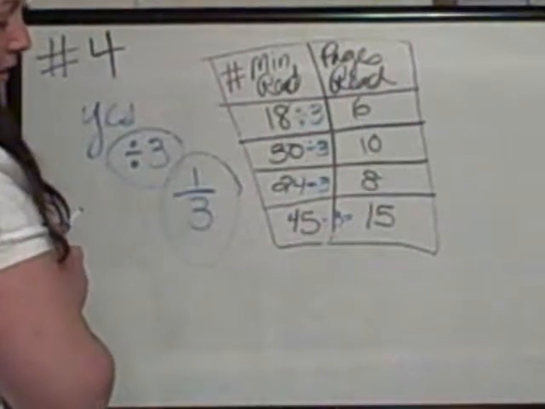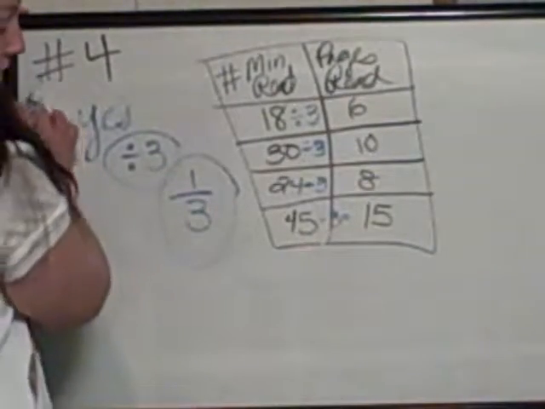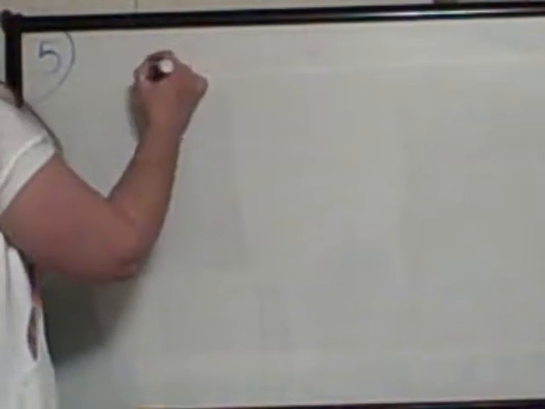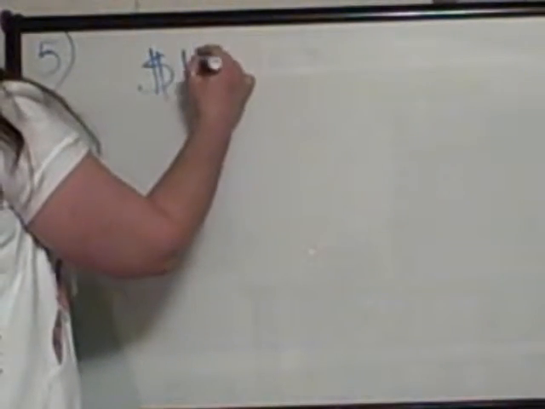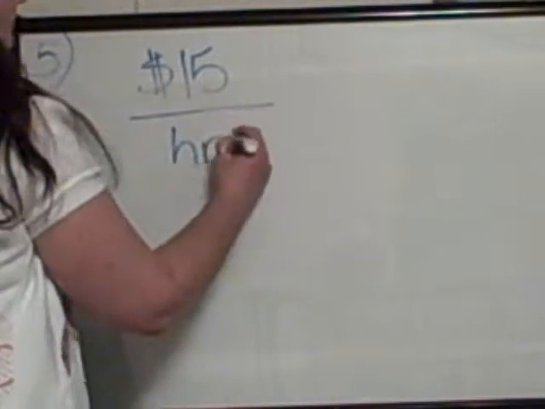Number 5. Use a unit multiplier to convert $15 per hour to dollars per minute. So, number 5 starts us off with $15 per hour.